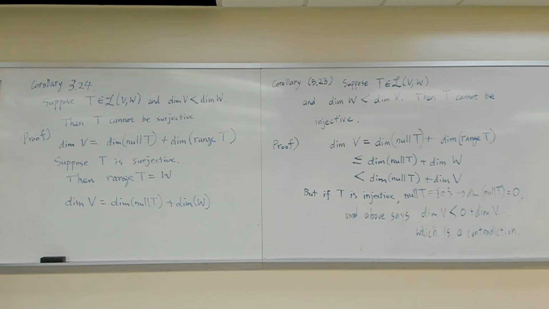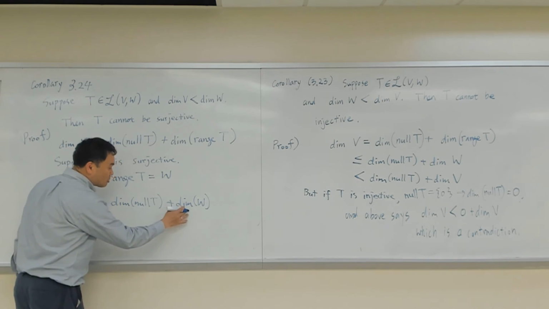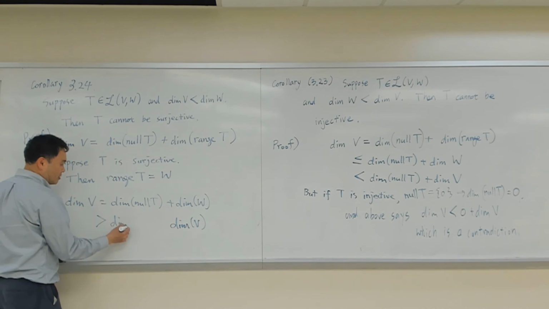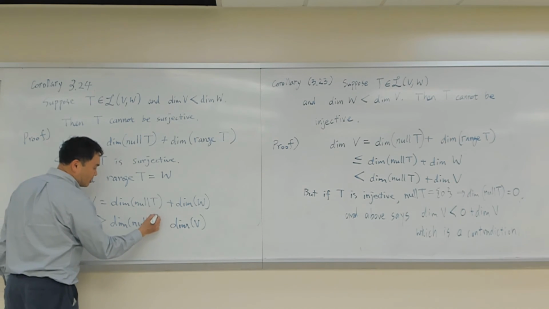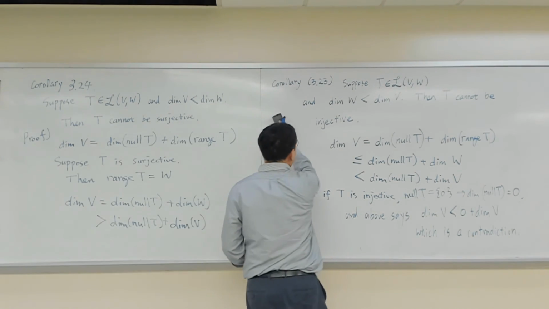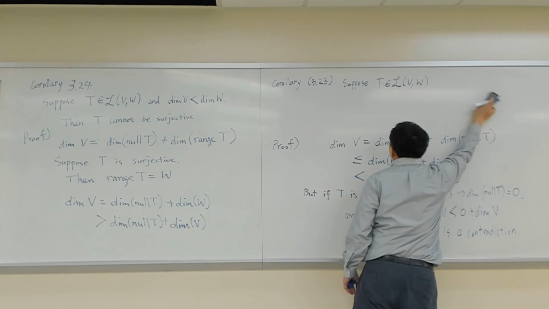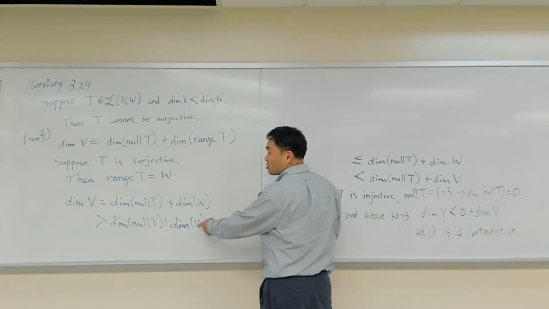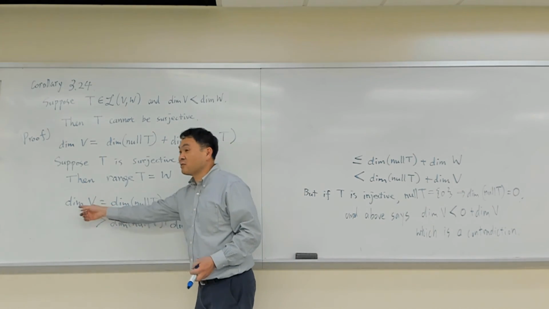Okay, but we know that the dimension of W is bigger than the dimension of V. So this time we can replace the dimension of W by the dimension of V. And now we'll subtract the dimension of V from both sides. What do we get? These are numbers, so I can definitely subtract.